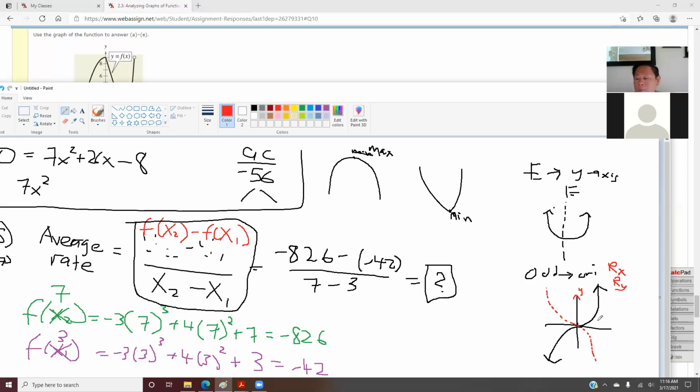This will flip over there and this will go over there. And then if you take this red line and reflect it on the X-axis, this line will go back to the same. So this is what it means by odd or origin, and even means it's on the Y-axis.